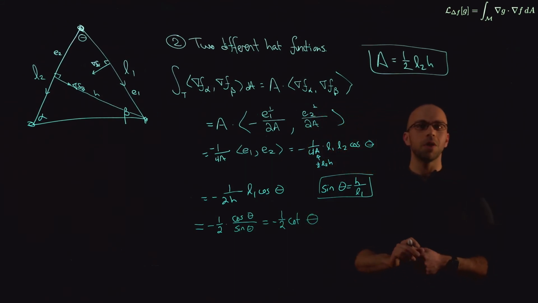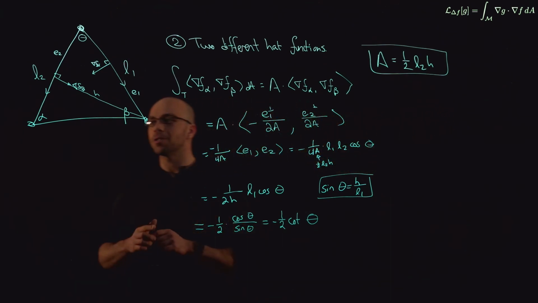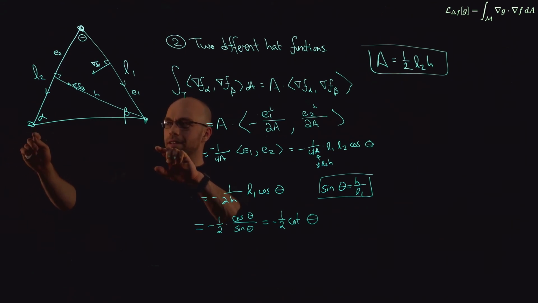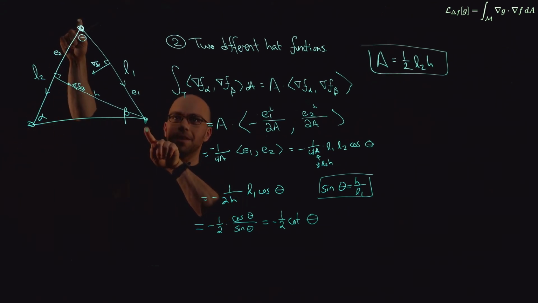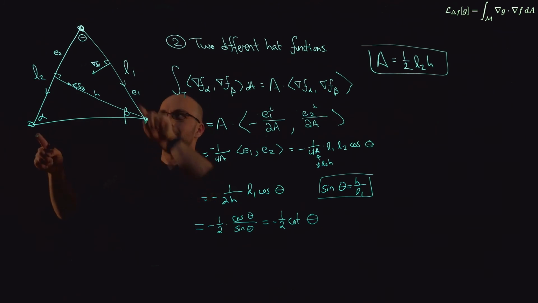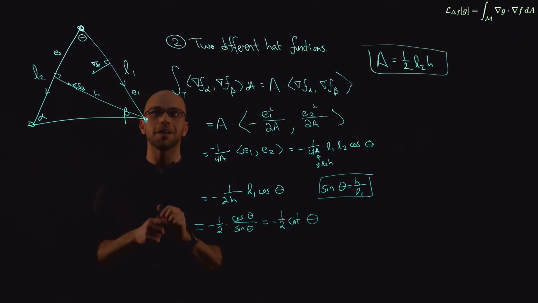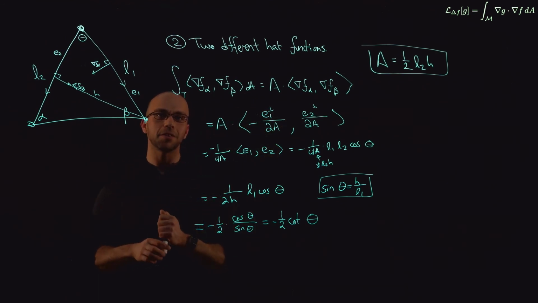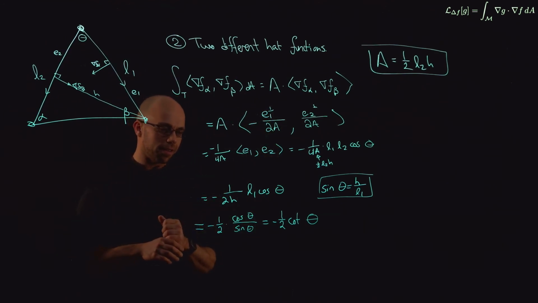Okay, so what did we just show here? We showed that if we have two different hat functions on a single triangle, meaning just two functions, one of which is 1, 0, 0, and the other is 0, 1, 0, and linearly interpolated in between, I can take the inner product of their gradients by just integrating that dot product along the triangle.